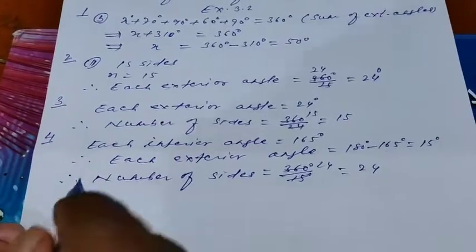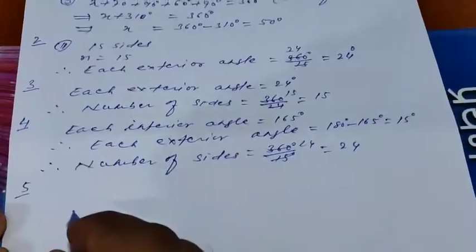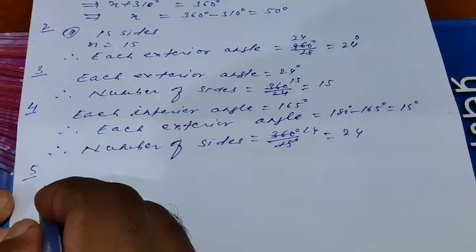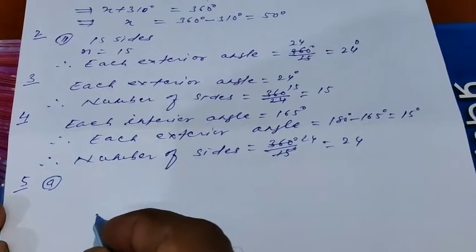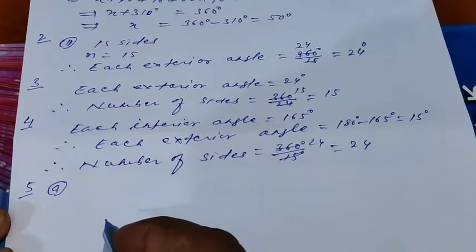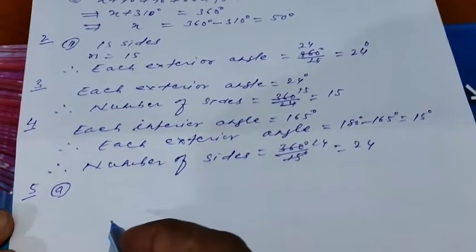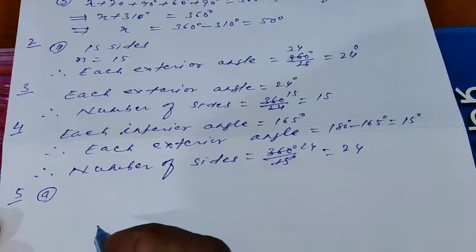Now come to question number 5. In 5A, is it possible to have a regular polygon with measure of each exterior angle as 22 degrees?